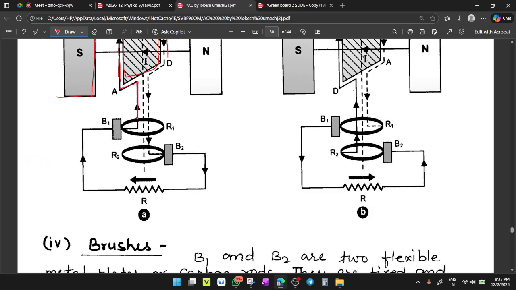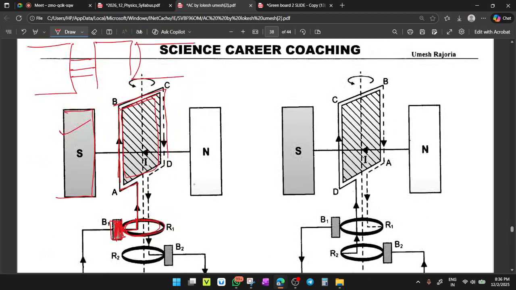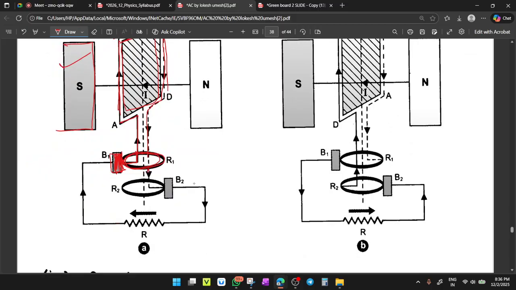See here, this first connection is connected to this slip ring, and the first slip ring will slide on the first brush. This brush remains in a stationary position. The second leg is connected, without any touch, to the second slip ring. Clear? This is the second slip ring.